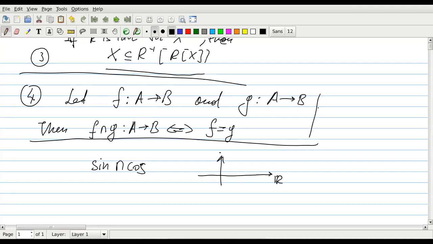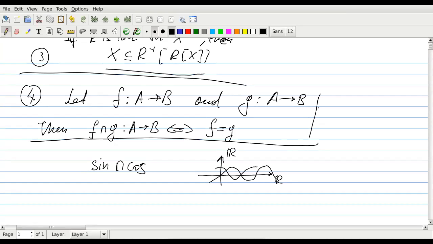Can you name such a point? What is sine? Sine is a set of all pairs from its graph. And what is cosine? Cosine is something like that. So, is there any point which belongs to both graphs?